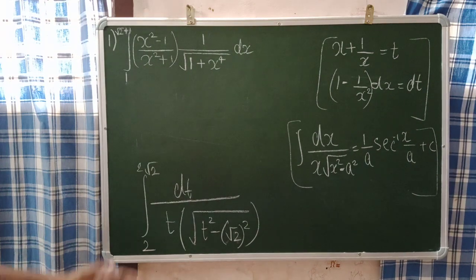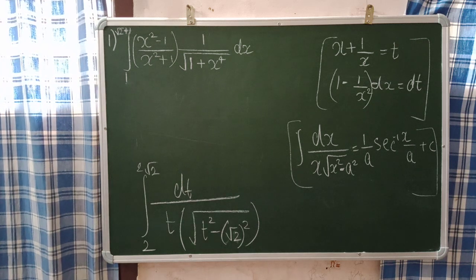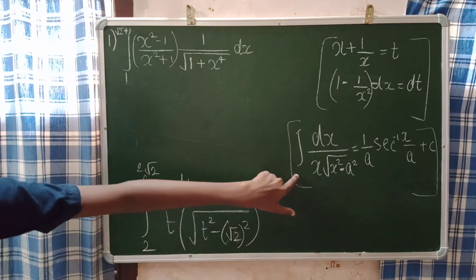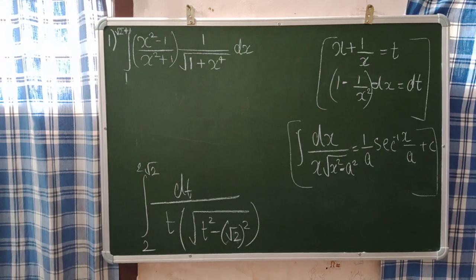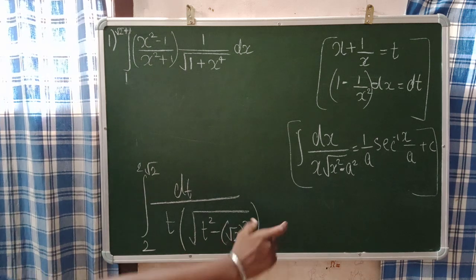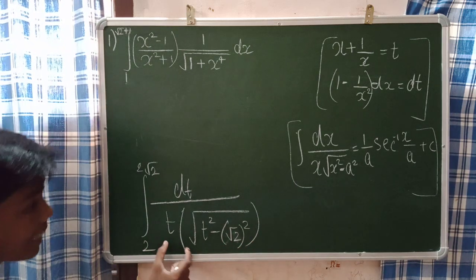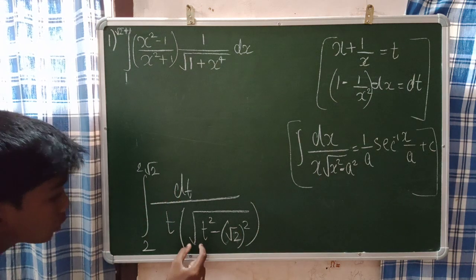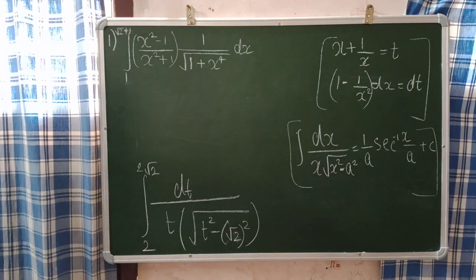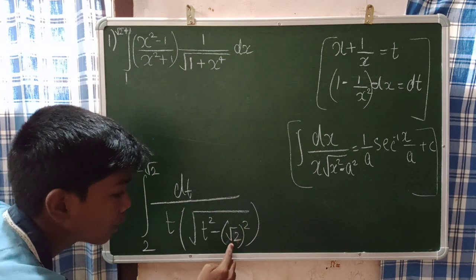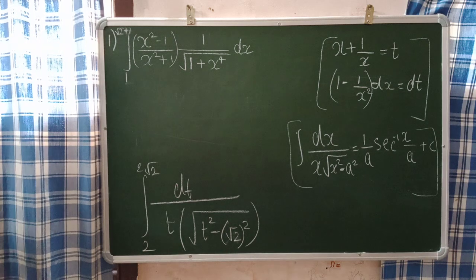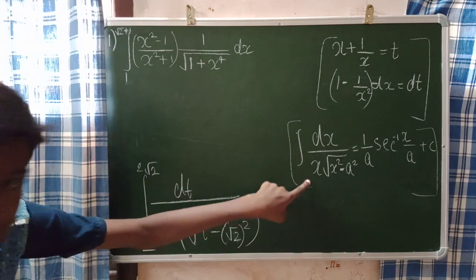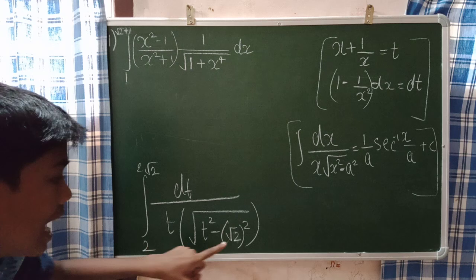So now this standard integral and this integral are the same, because in this integral also I am having x, that is your t, into root of x square minus a square, that is root of t square minus root 2 square. Your a is nothing but a constant, so here also we are having a constant, that is root 2, and x is nothing but a variable, that is your t here.